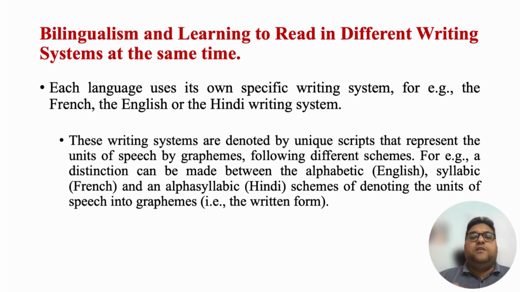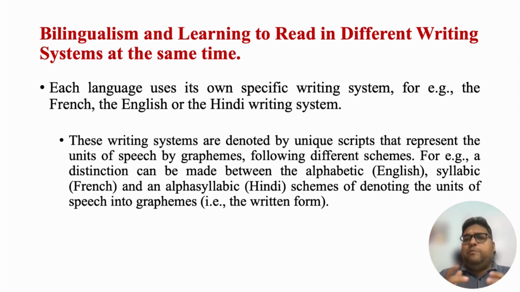Languages are mainly spoken, and depicting speech in written form is fairly recent compared to the origin of speech in human beings. So these different writing systems have evolved different ways to represent the units of speech as written patterns, which are referred to as graphemes.